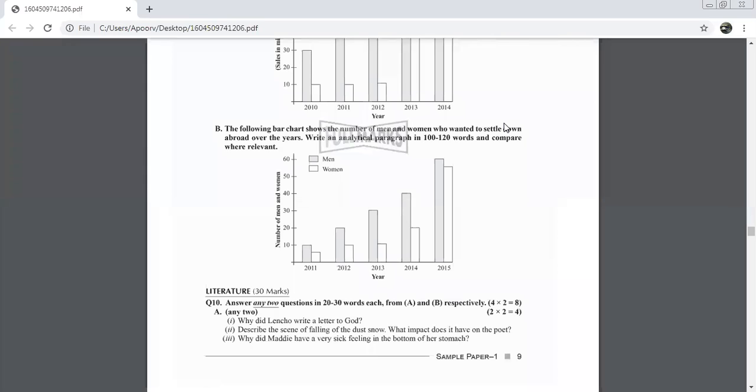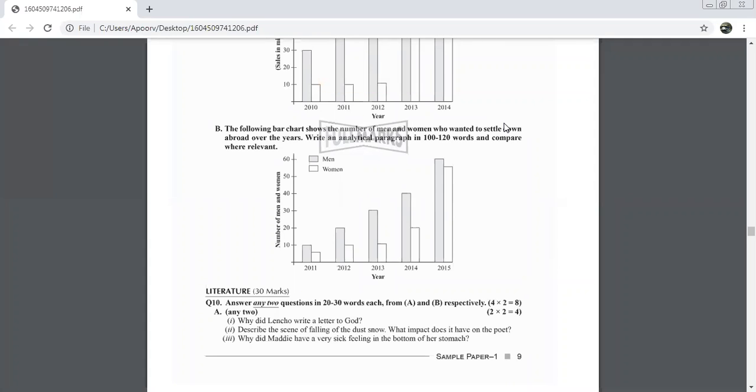See, beta, if you can add on and be more specific about which year you are talking about, it would be better. In the years, this to this. Once again, Aradhya. Yes, ma'am. This graph is showing comparison between man and woman who wanted to settle down abroad over the years. Like in 2001, number of men and women are 10%.